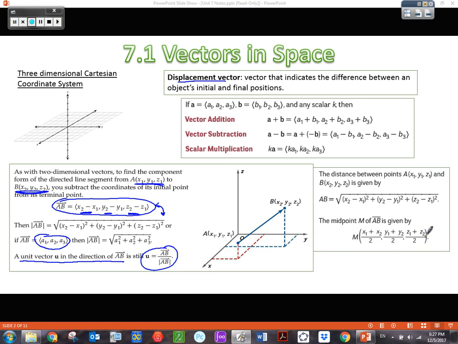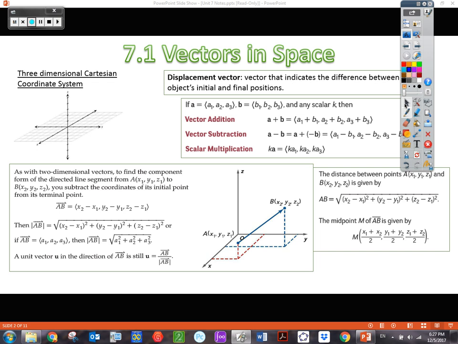We're just adding a dimension to each of these formulas. We aren't really changing the formulas. Our midpoint formula would require us to add the 2 x values together and divide by 2, add the 2 y values and divide by 2, and the 2 z values and divide by 2. So nothing terribly new. It's just that we're adding a dimension to all of these things that we've been working on for quite some time. So that's a little bit of an overview on 3-dimensional vectors. Let's get to the examples on the next slide.